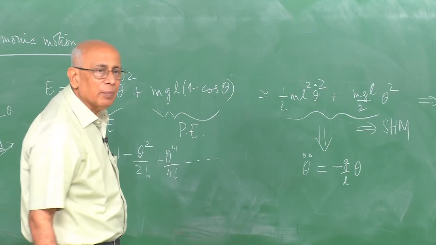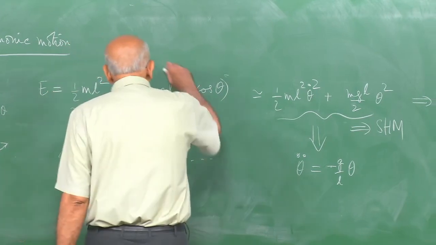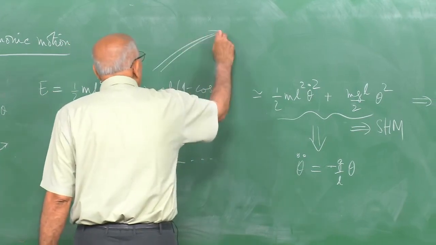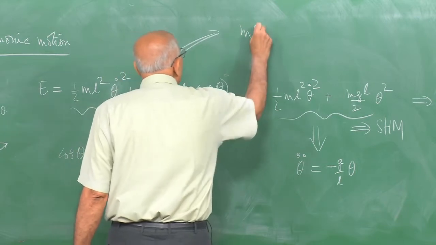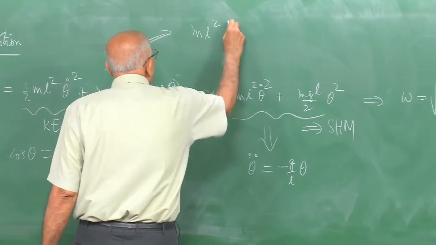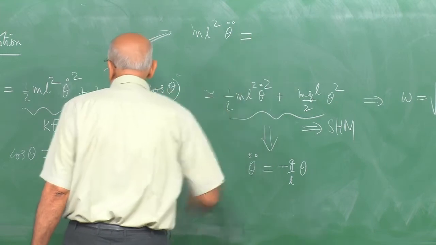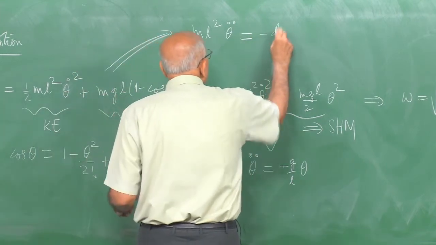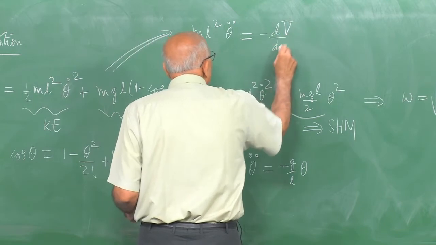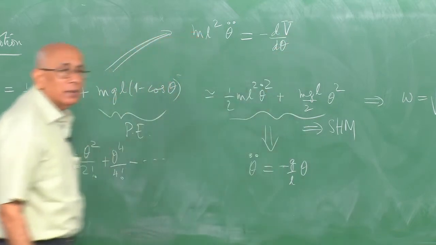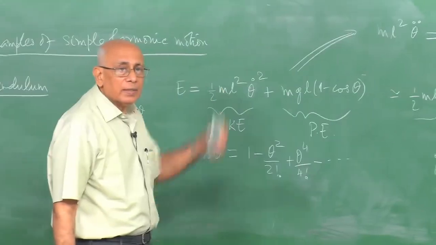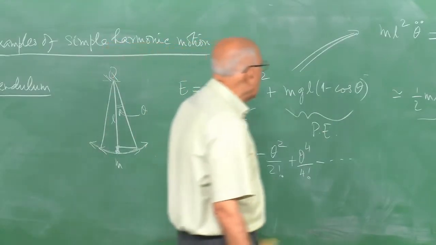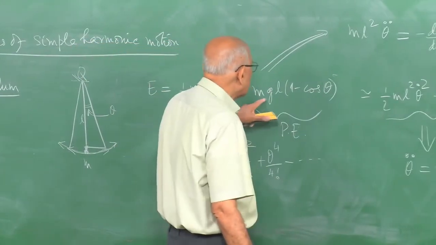What kind of thing will it imply? That is not hard to find either, because this thing here will imply that ml squared theta double dot is equal to minus dV over d theta, because that is the potential, and the force on the right hand side is this thing here, and dV over d theta, as you can see, is mgl sin theta.